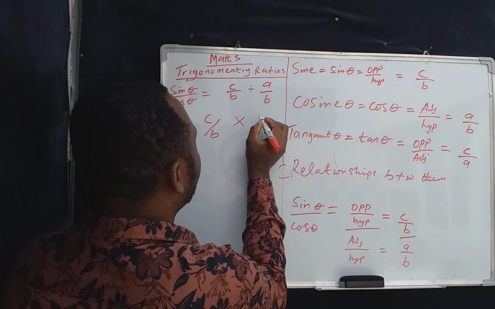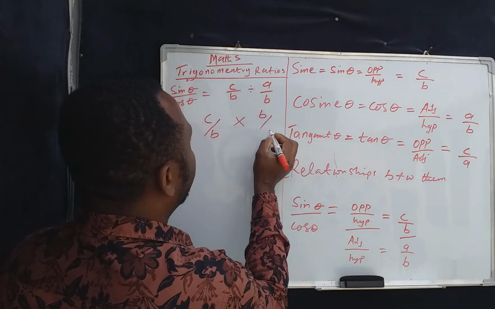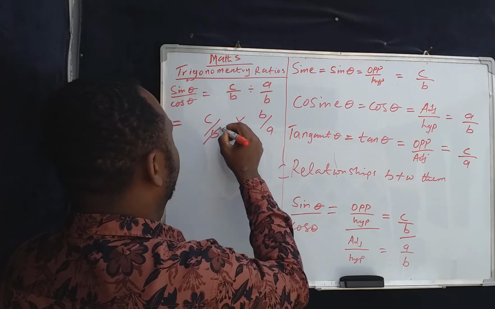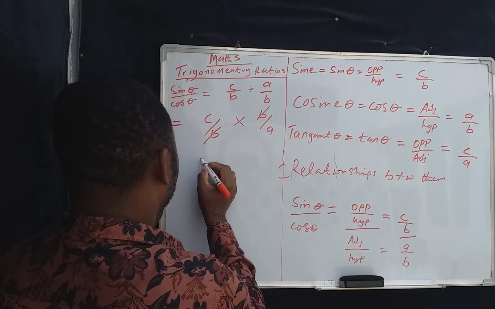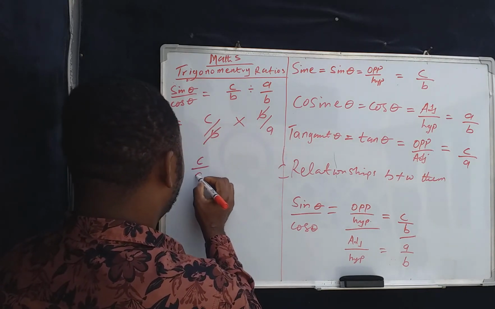So now it becomes B over A. B cancel B. What remains is C over A.